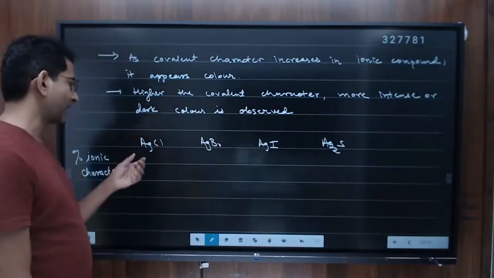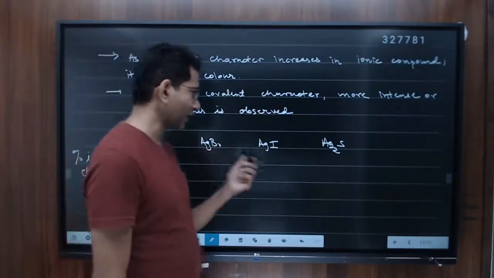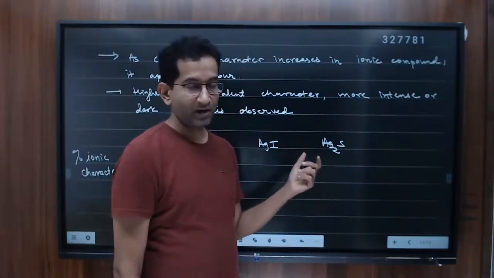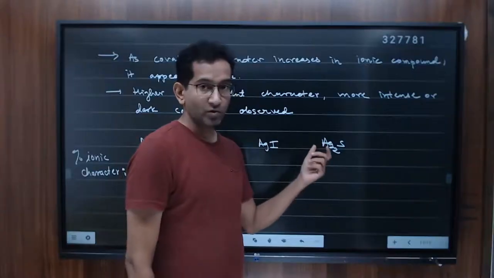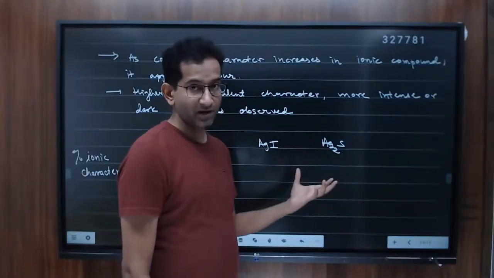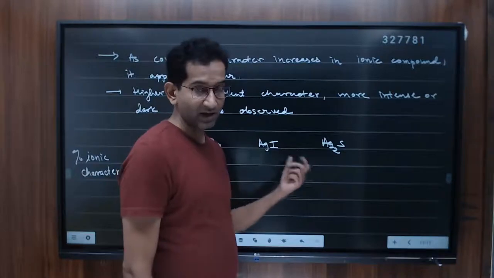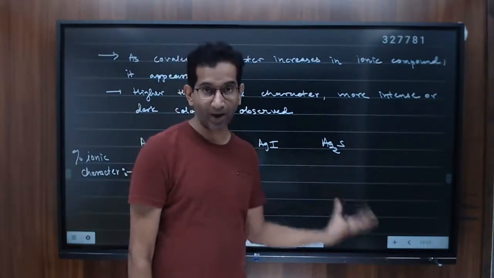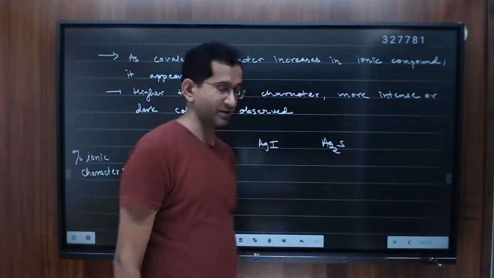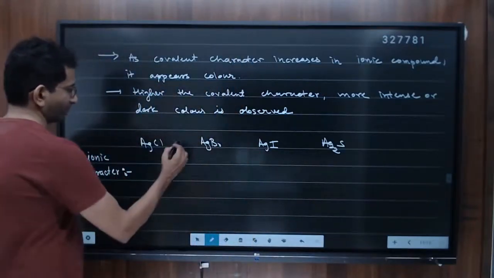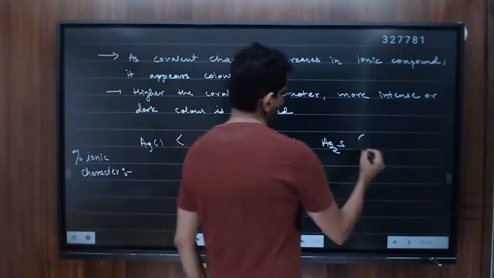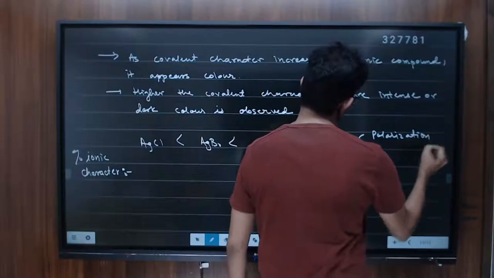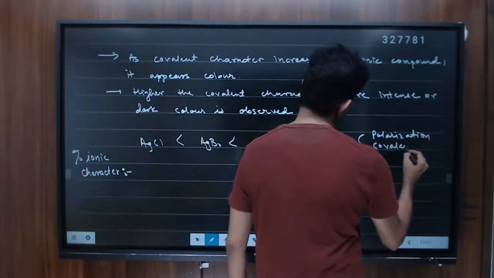But you can see the anion is chloride, then bromide, then iodide, and then S2-. S2- has a slightly larger size as compared to I-, so it has a very high polarization ability. So polarization increases, and covalent character increases.